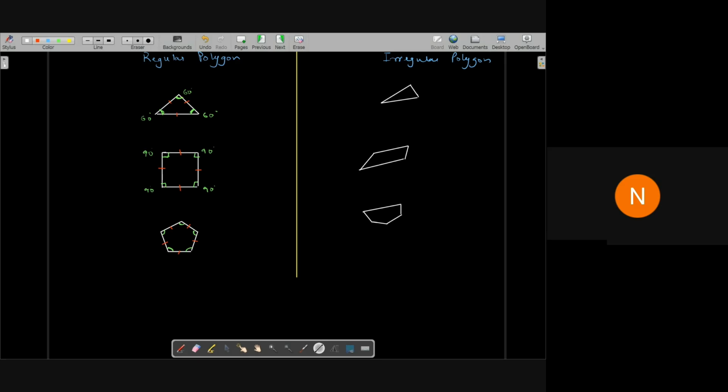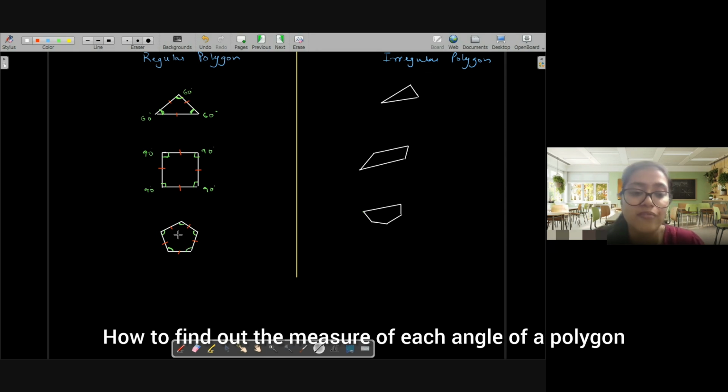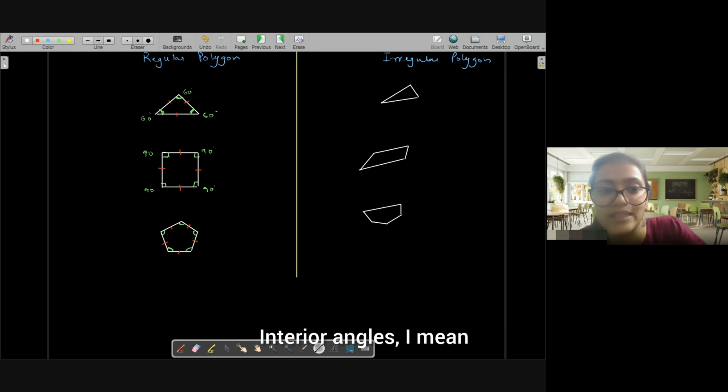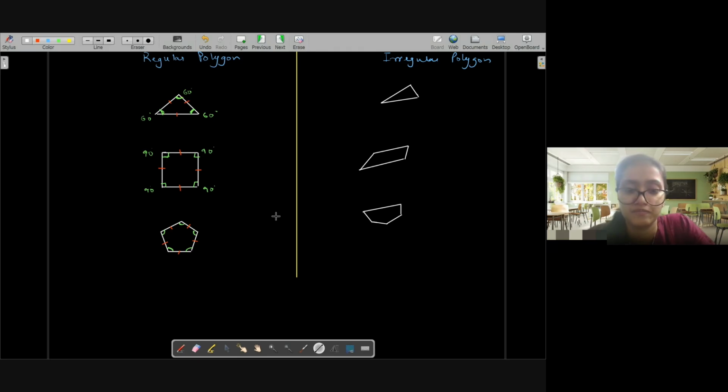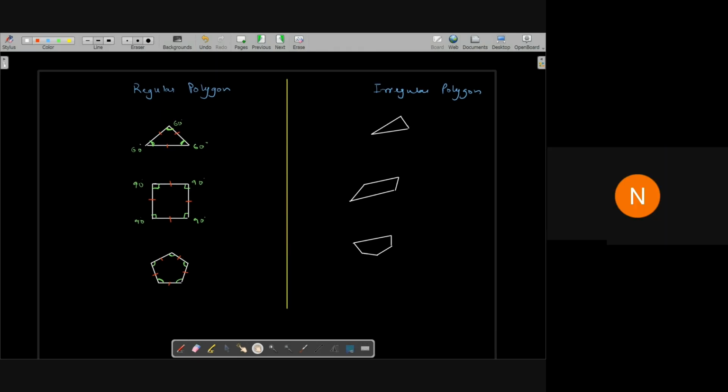Is it 45? No, it's not 45. Don't worry, we will do this later, how to find the measure of each interior angle of a polygon. You understood the difference between regular and irregular polygons, Megan?